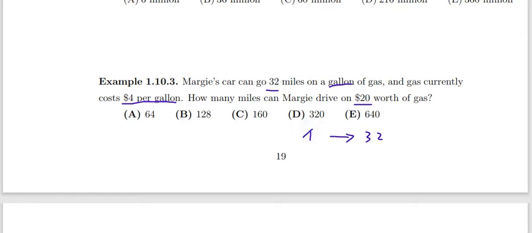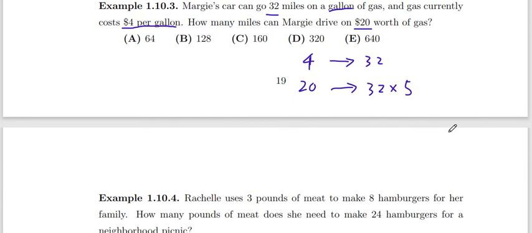So $4 goes with 32. Then $20 from 4 to 20 is multiplied by 5, right? Then this one we also need to multiply by 5.